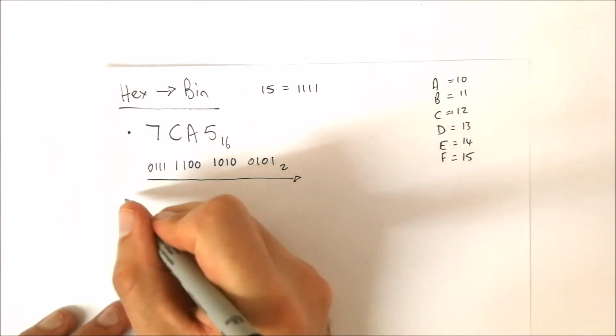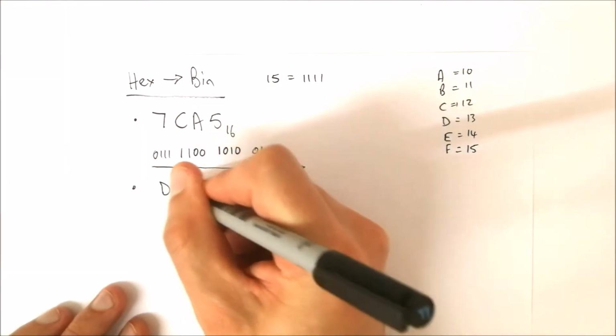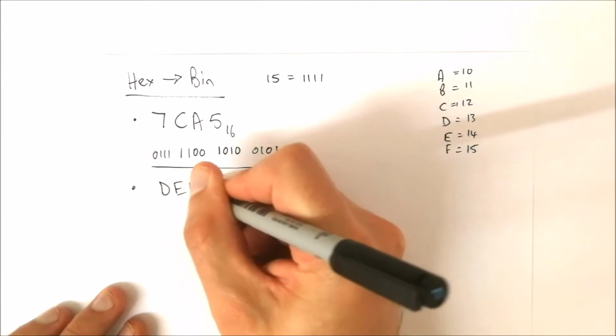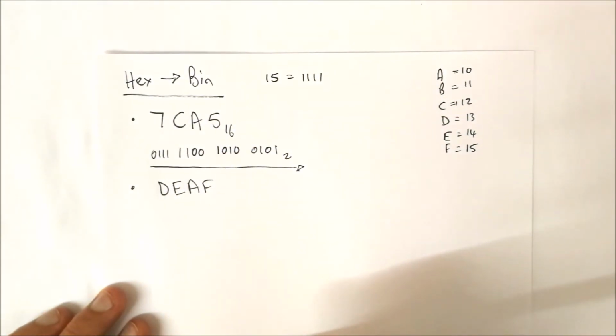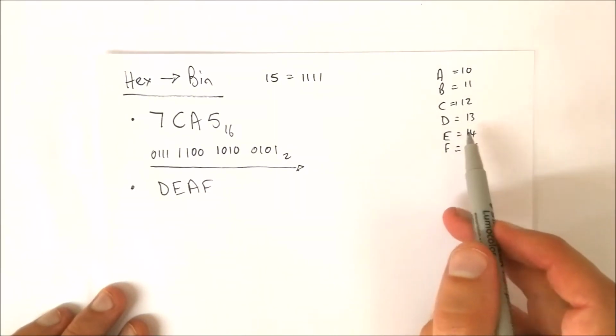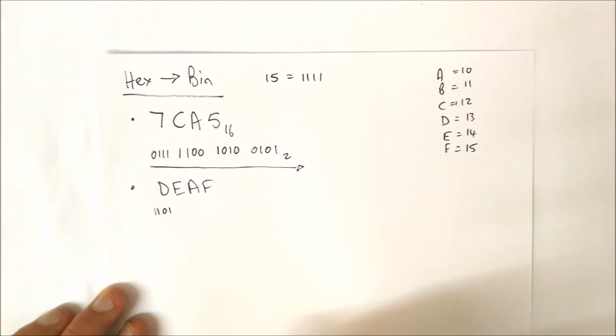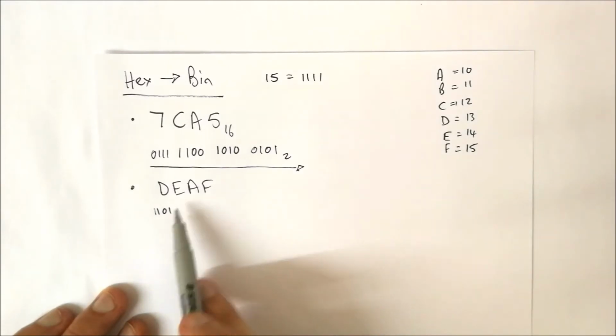Let's look at another example. Let's say we've got the hexadecimal D, E, A, and F, for deaf. What is D in binary? Well, D is 13, so 13 would be 1101. What about E?